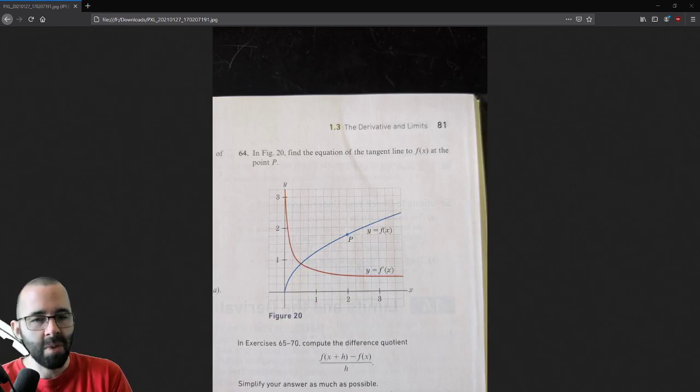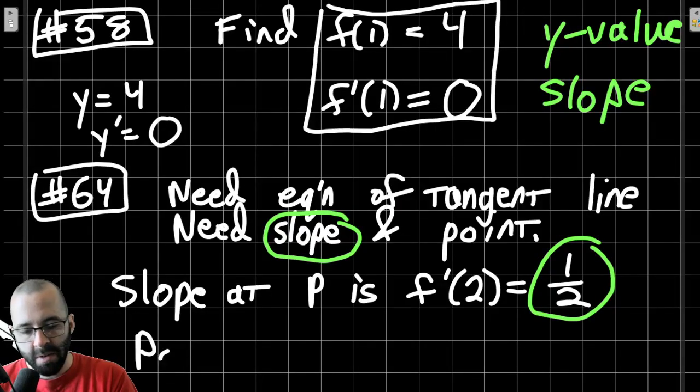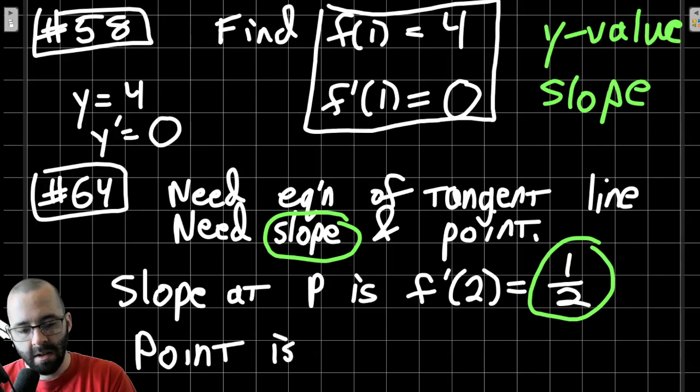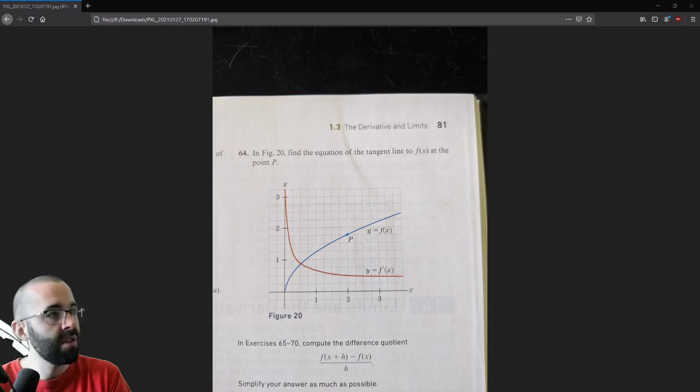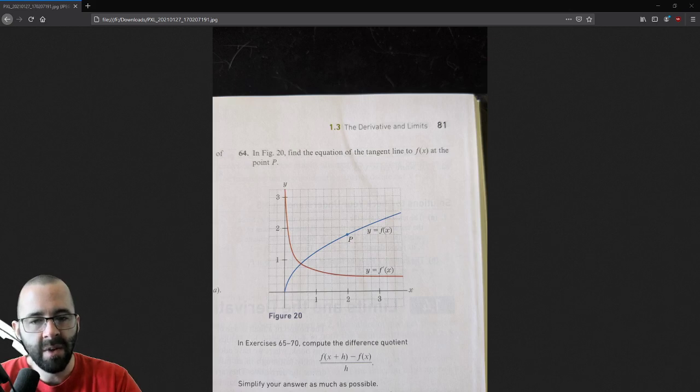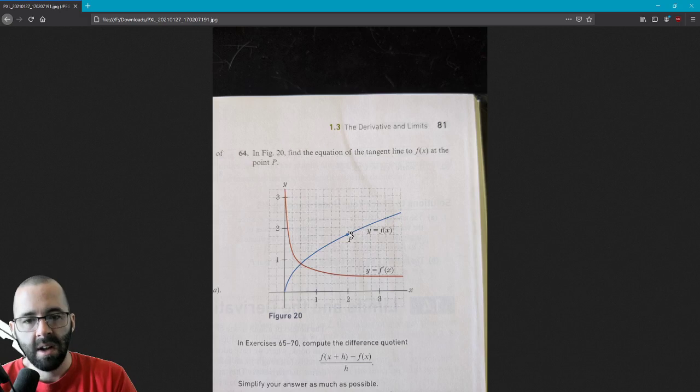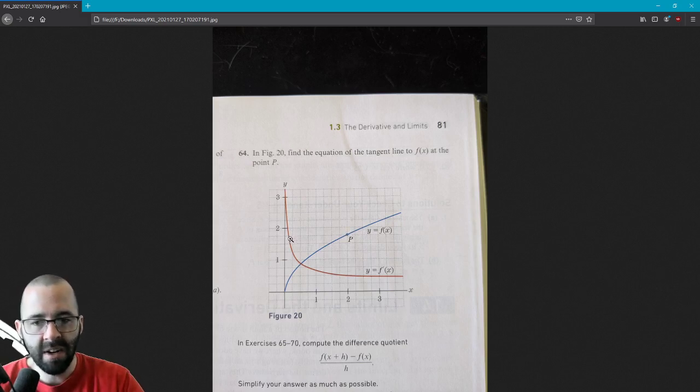Well, again, we have the point. The point is P. We just need to find from the graph what's the x value at P and what's the y value at P. Well, the x value, we already said, is x equal to 2. And the y value at this point, be very careful.